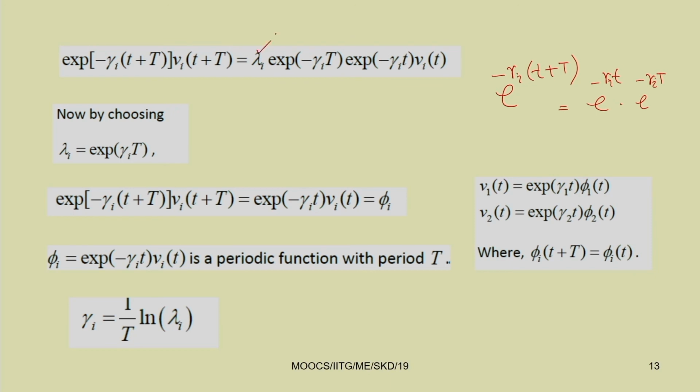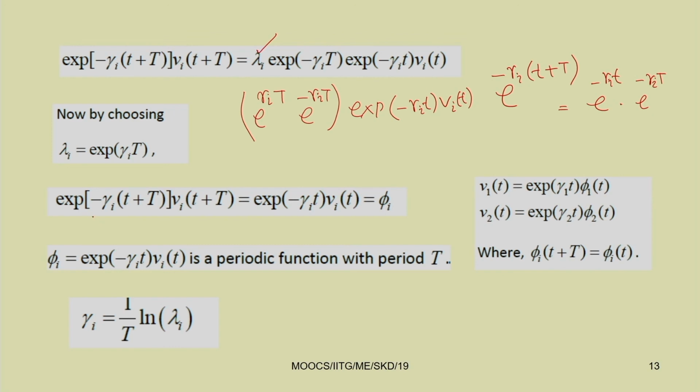We can choose this lambda_i in such a way that lambda_i equal to e to the power gamma_i T. Now what can you see? Lambda_i we have written as e to the power gamma_i T, and here we also have another term, e to the power minus gamma_i T. So we can multiply these two, which gives rise to 1. The remaining thing is e to the power minus gamma_i t into V_i(t).